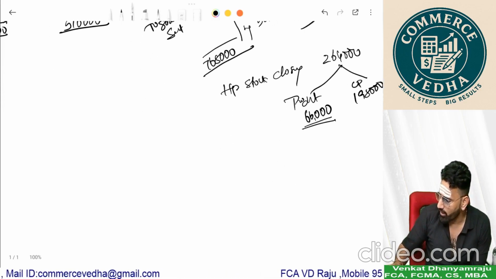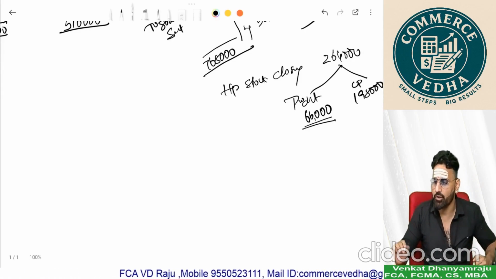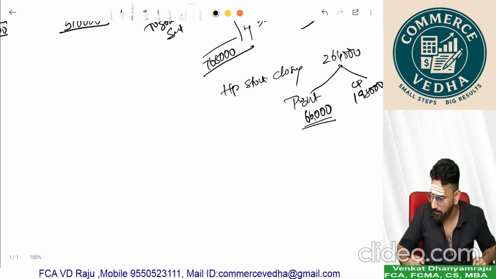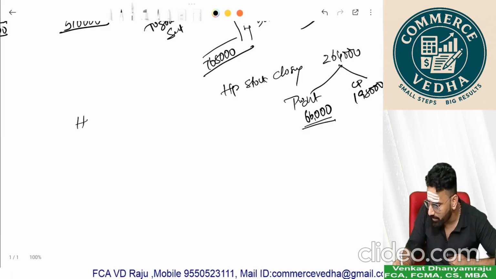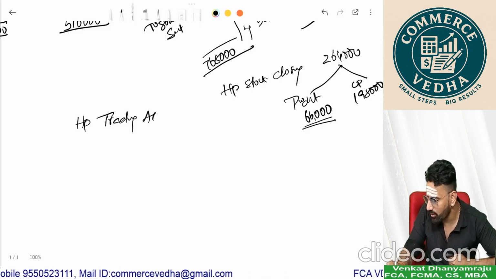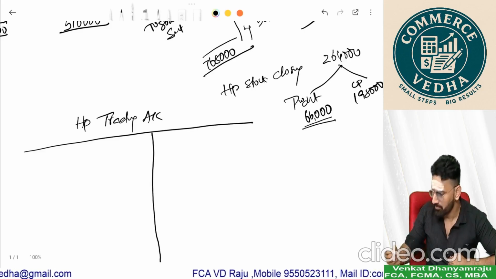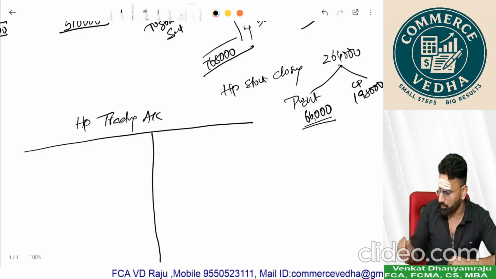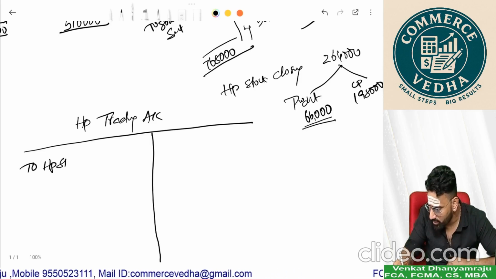Now, if I go into the hire purchase debtors method, I should always prepare my hire purchase trading account, and with the information only I should prepare. Number 1, to hire purchase stock.